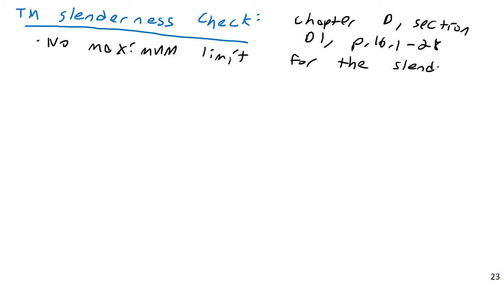This is more of a recommendation for what the AISC thinks is good practice. Everything else is legally mandated. If you're designing a steel structure in the U.S., you generally are going to have to follow this code, at least for most major structures. But for tension members, it does provide a recommendation.